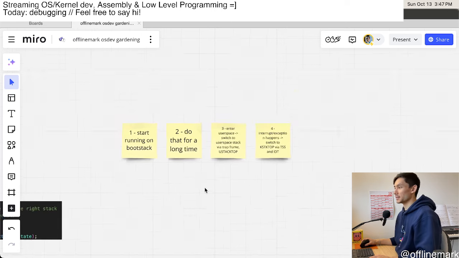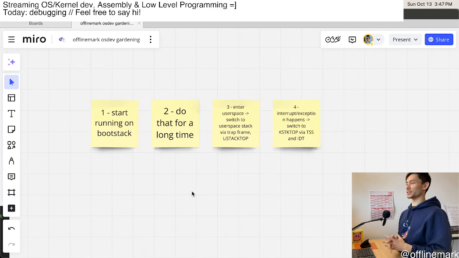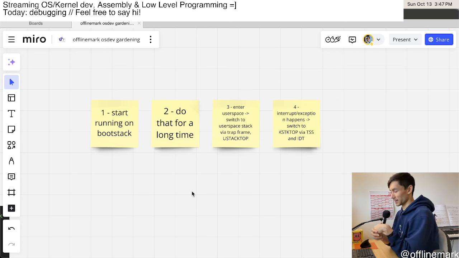Okay, nice. That is a much better understanding of the lifetime of the stack.